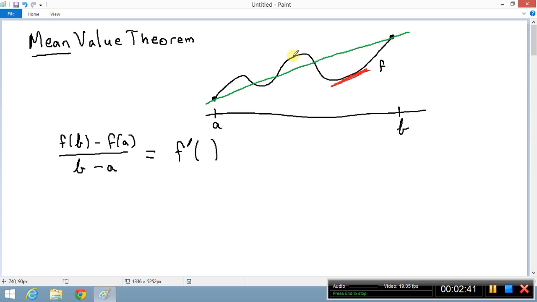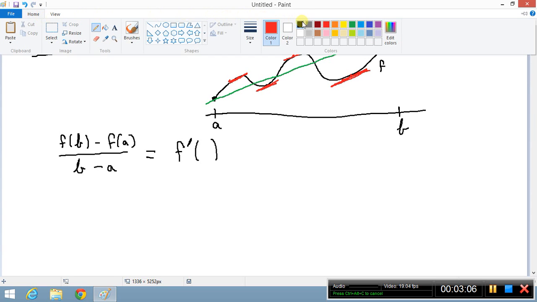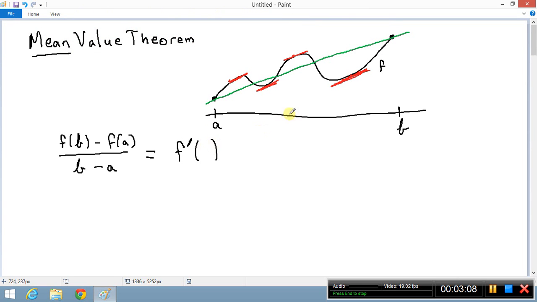If you look up here, somewhere around there, the tangent line is going to be parallel. Similarly over here. There's lots of places in this particular graph, well, maybe not lots, but 1, 2, 3, 4. There will be 4 places, I think, on this graph where the slope of the tangent line is the same as the slope of the line connecting the endpoints. The mean value theorem says that this has to happen somewhere at least.